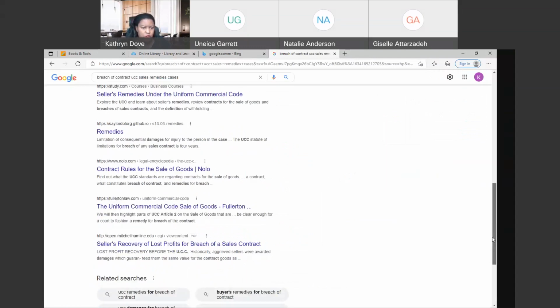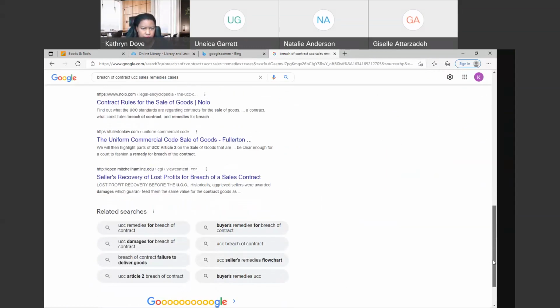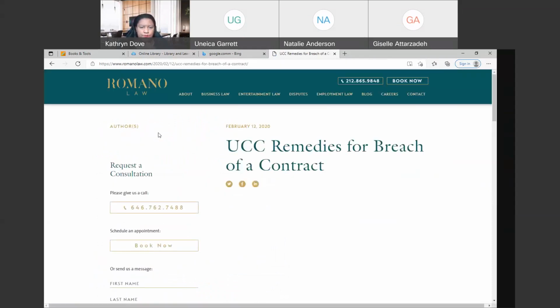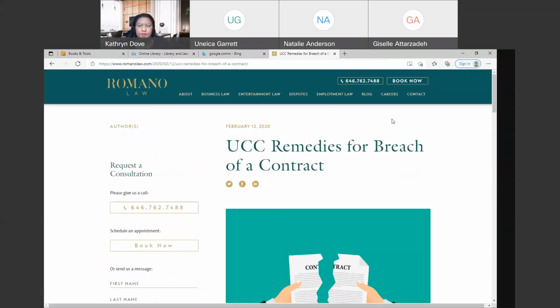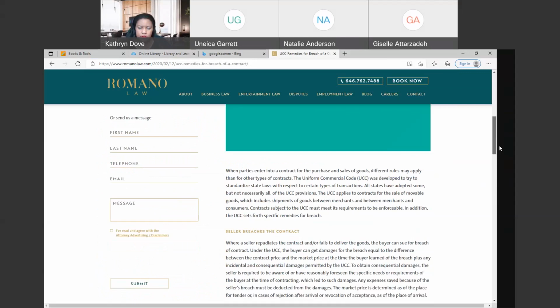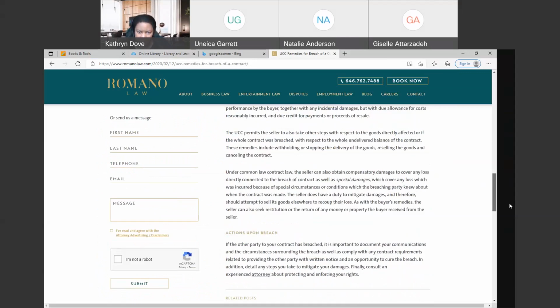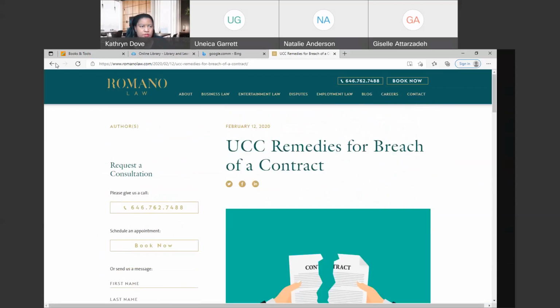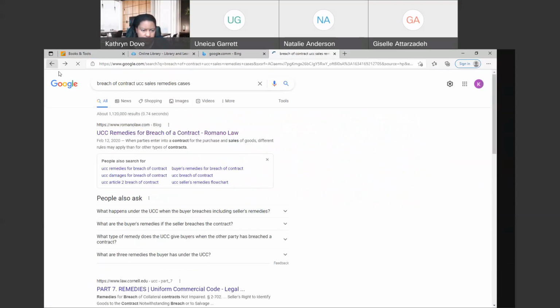You can always search on the open web and get information, but you're going to get more information if you use the sources that you have access to. So here's information about breach of contract.